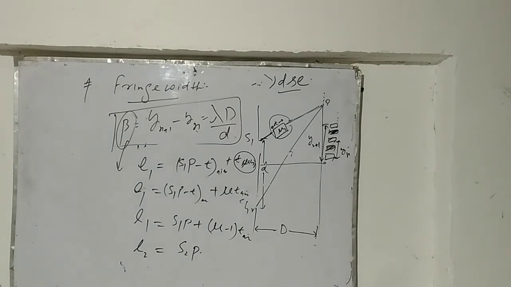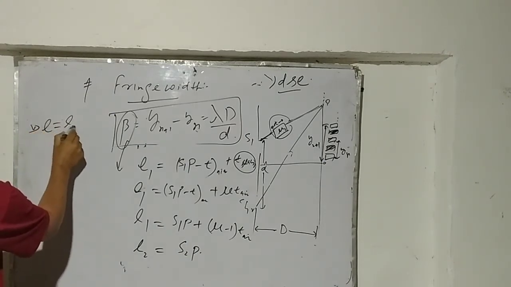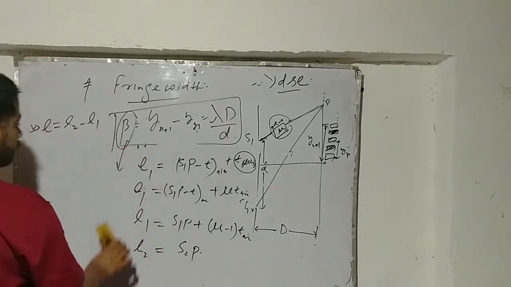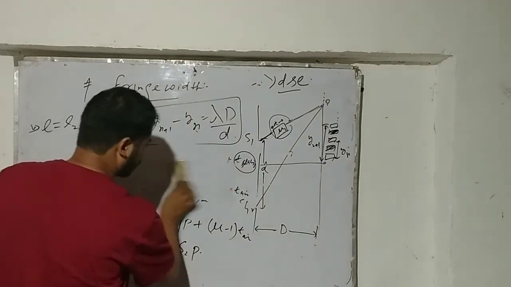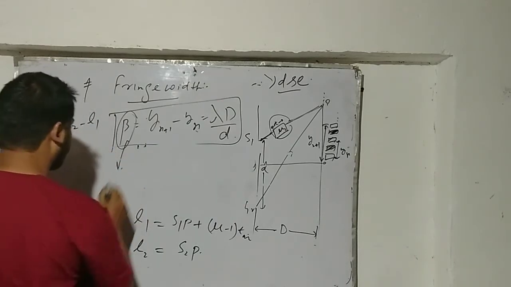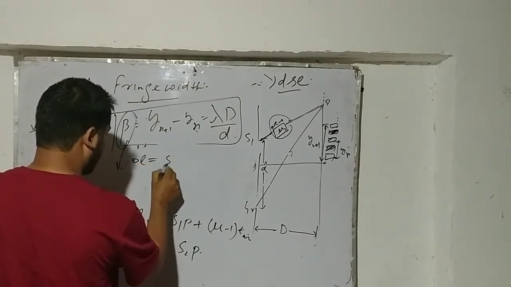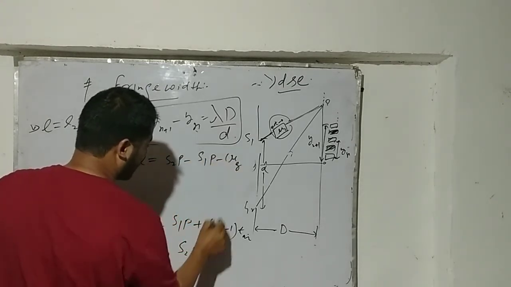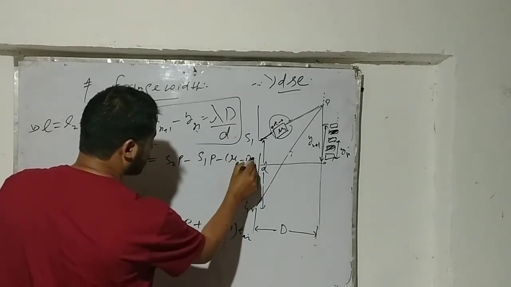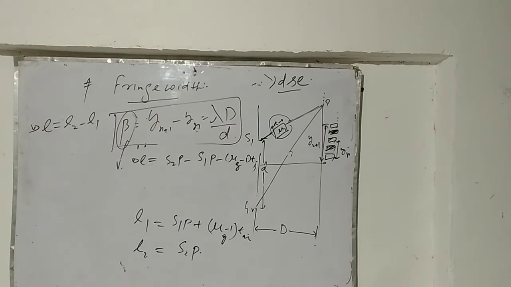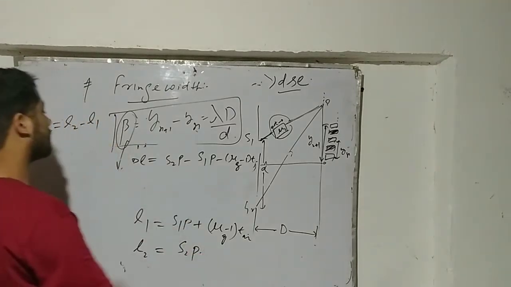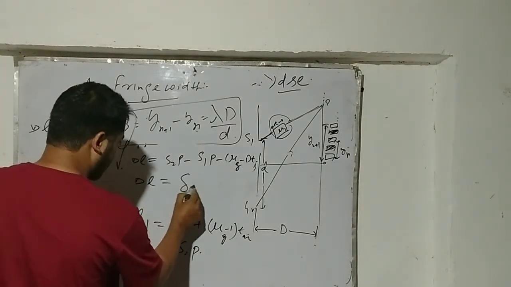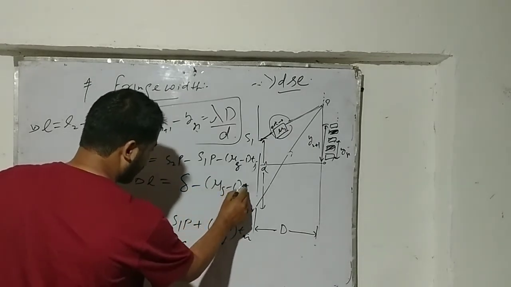Now my delta L will be simply L2 minus L1, which means delta L will be S2P minus S1P minus mu G minus 1 times T. Look, S2P minus S1P is the usual path difference, so I can just write it as del minus mu G minus 1 into T.